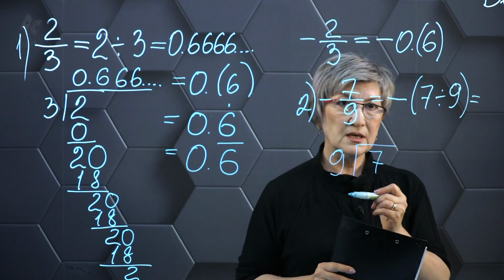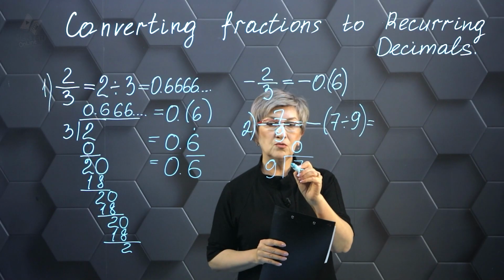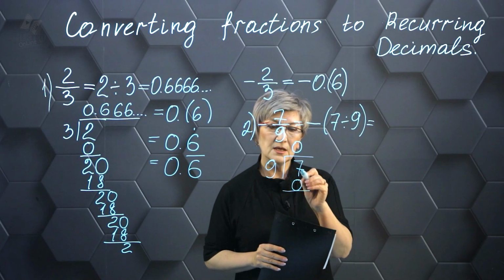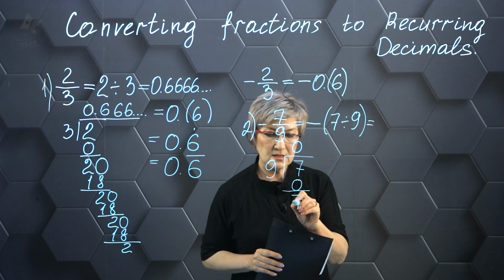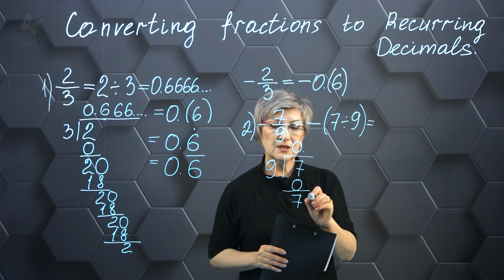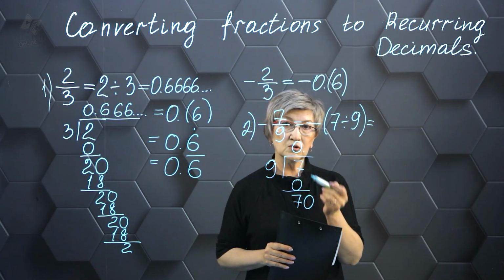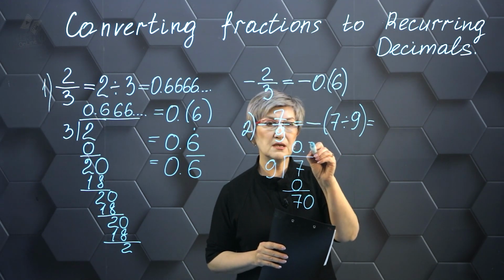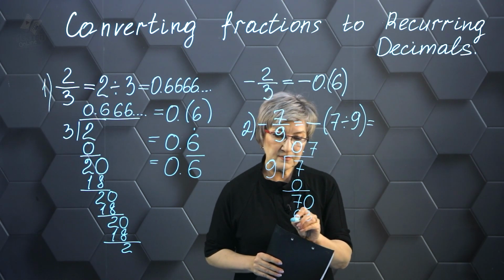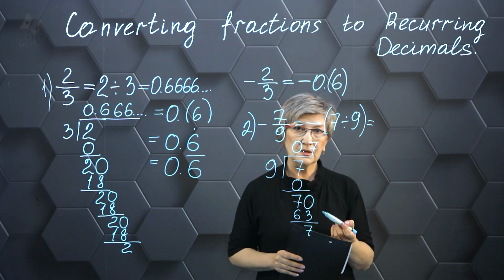We can't divide 7 by 9, so we're going to take 0. 0 times 9, that's 0. 7 minus 0 is 7. Put a decimal point and add a 0. 70 divided by 9, we need to take 7 each. 7 times 9 is 63. Or 70 minus 63 for a remainder of 7.